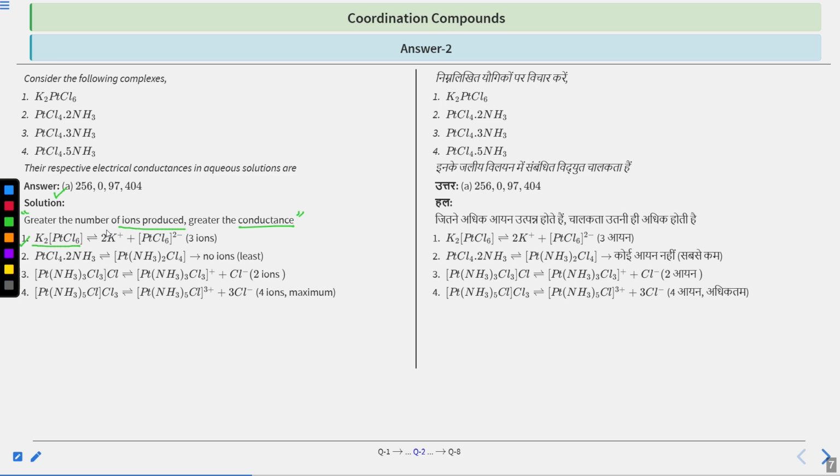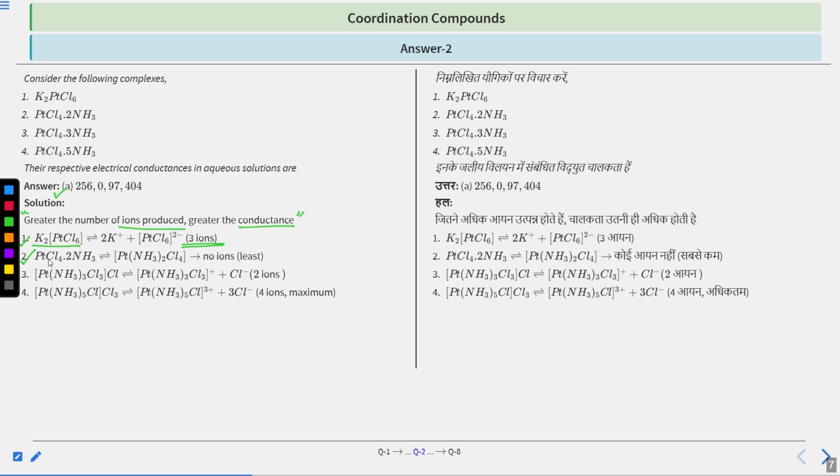It will produce 2K+ plus [PtCl6]2-. So you can see that we have 3 ions producing after dissociation, because 2K+ and 1 complex ion, so 3 ions is the total amount.